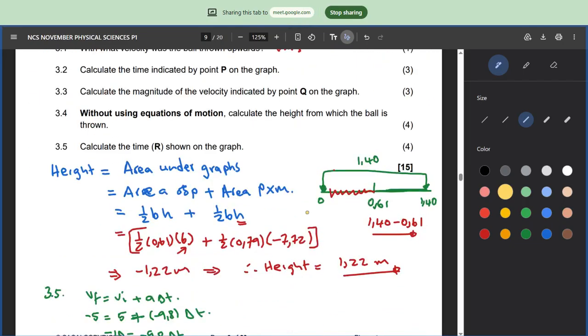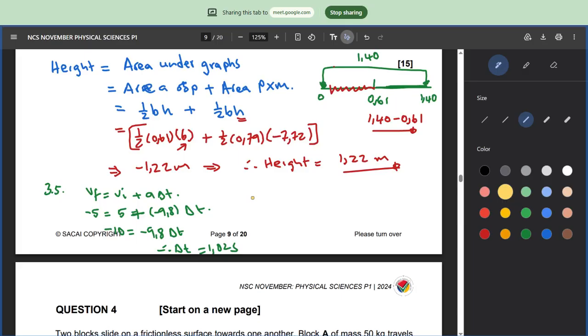Then you'll see what I'm going to do finally. So I'm going to use the same formula. V final is equal to V initial plus A delta T. My final velocity is 0 at R. My initial is 3, which is positive.